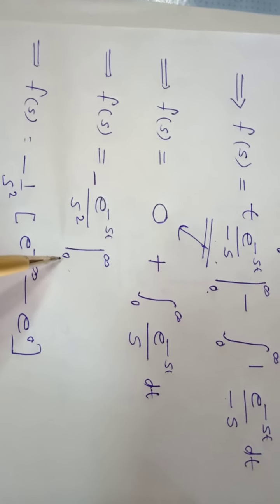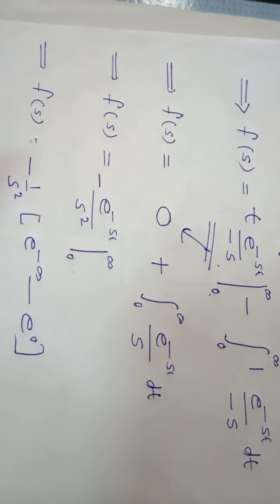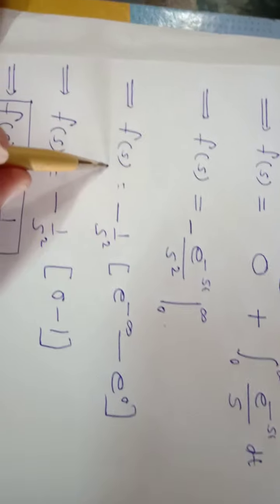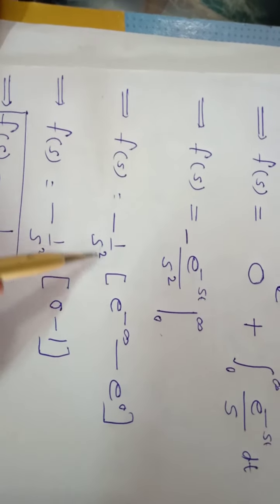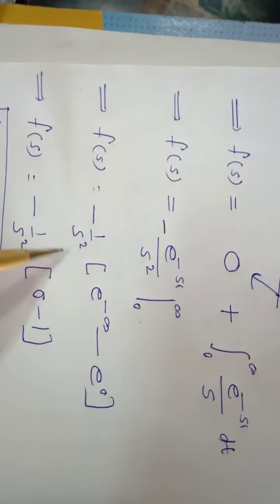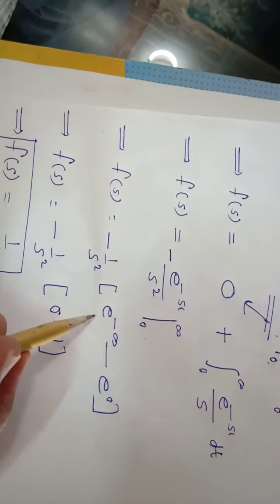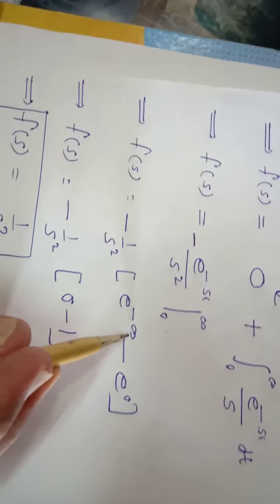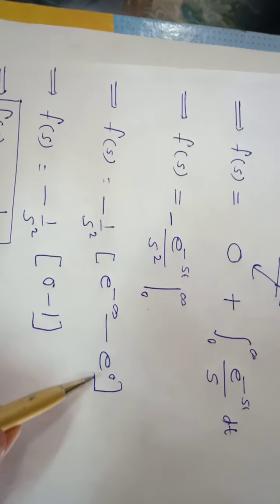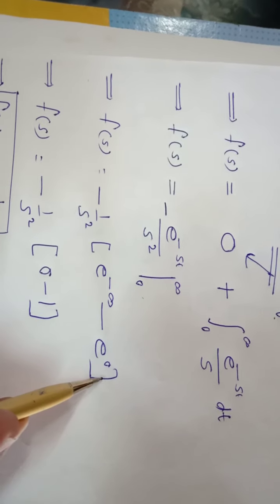The lower limit is 0, the upper limit is infinite. This implies that F(s) is equal to, now this is minus 1 upon s square, keep outside the bracket. Inside the bracket put the upper limit, that is e raised to power minus infinite, minus put the lower limit e raised to power 0.